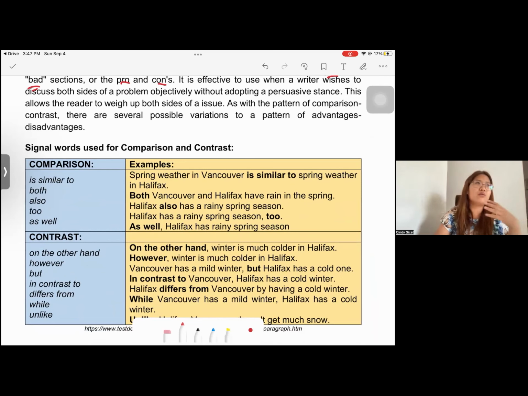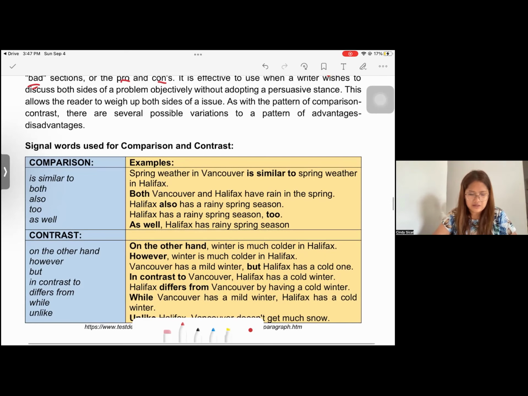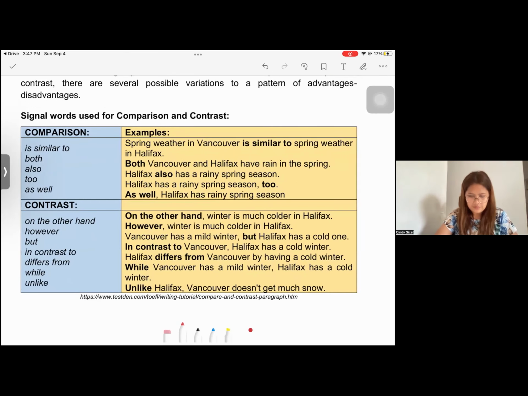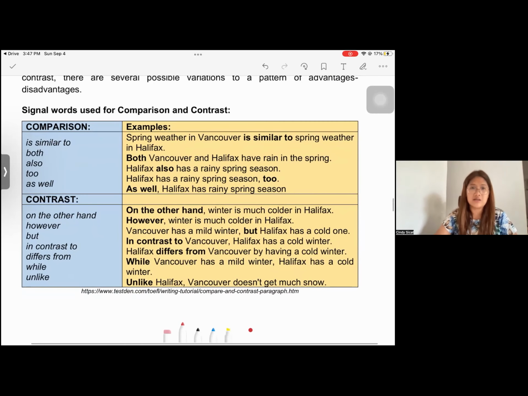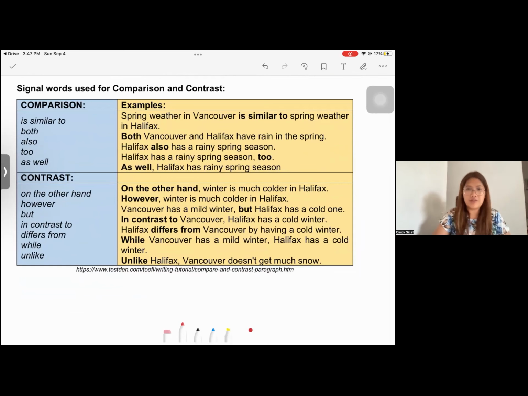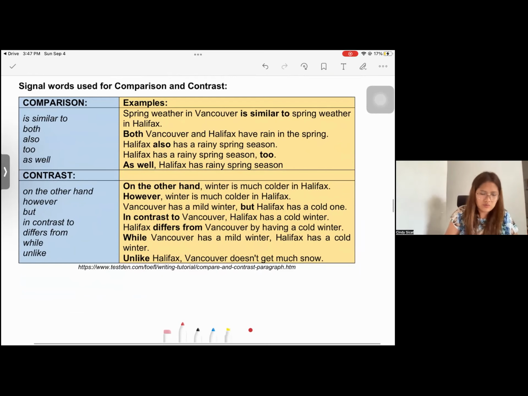But again, you have to consider what kind of written material you're trying to have, because there are instances when presenting both sides won't be beneficial for you. As with the pattern of comparison and contrast, there are several variations to a pattern of advantages or disadvantages. So here are the signal words, just like what we did a while back, okay? When we say comparison, there's similar, both, also, and as well.